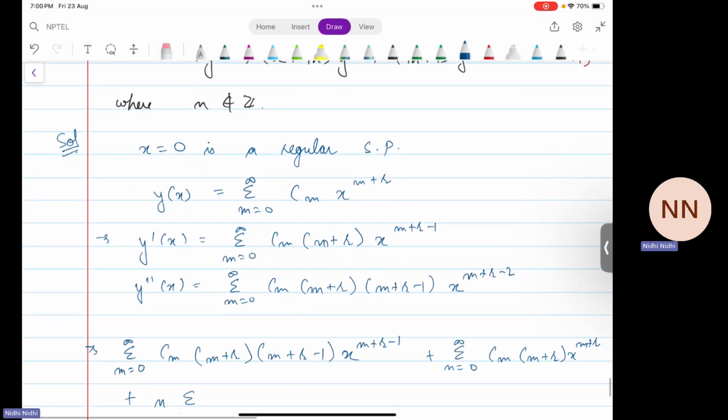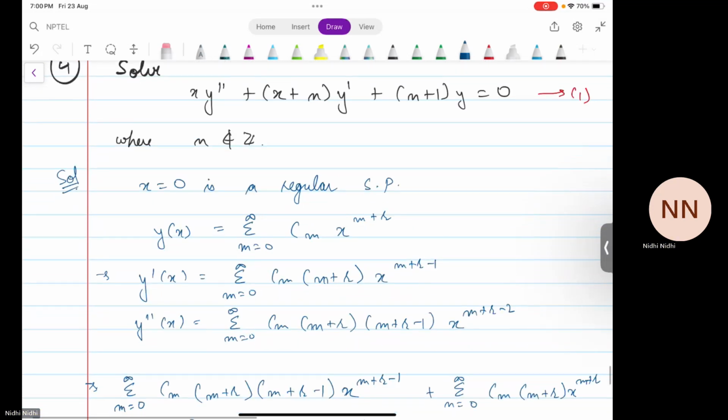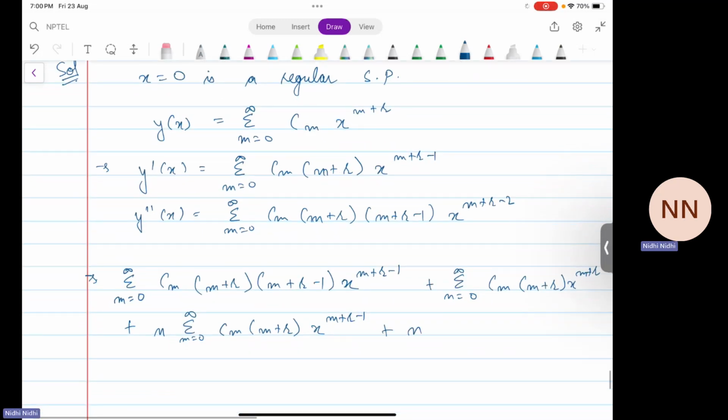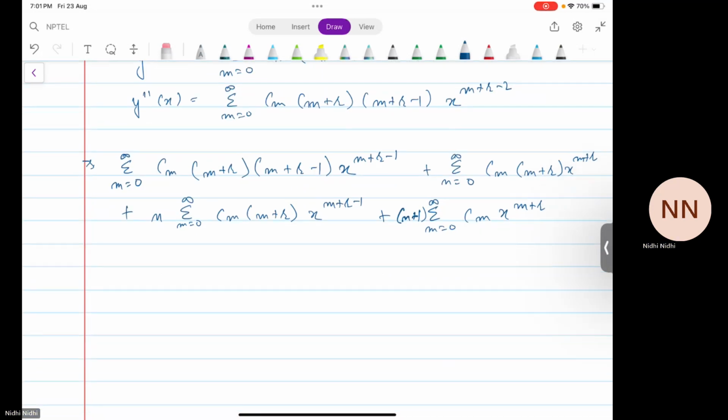plus n times summation m from 0 to infinity Cm m plus r x to the power m plus r minus 1, plus n plus 1 times summation m from 0 to infinity Cm x to the power m plus r. So let's make all the sums in the form of x to the power m plus r.